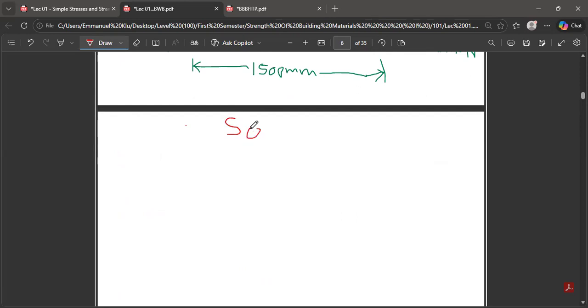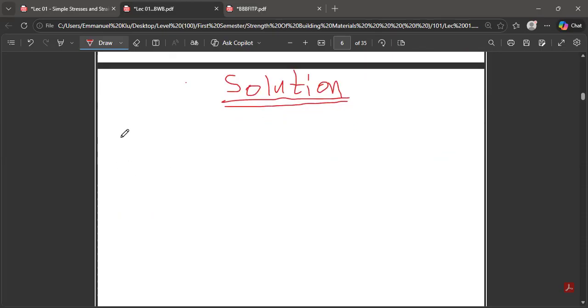So this becomes our solution. The first thing we were asked to find is the stress. We already learned many formulas for stress, so don't worry. In the examination, once you're able to remember Hooke's law, life should be much easier.